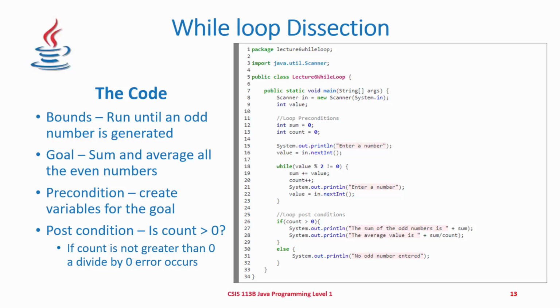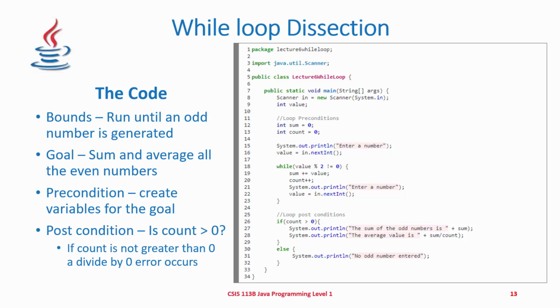And then notice too, within the while loop, we're running the enter a number prompt to the user again, and also assigning to value the number that they're typing in there. That's pretty standard with while loops. We will have to duplicate that, which may look a little bit odd, but that is okay.